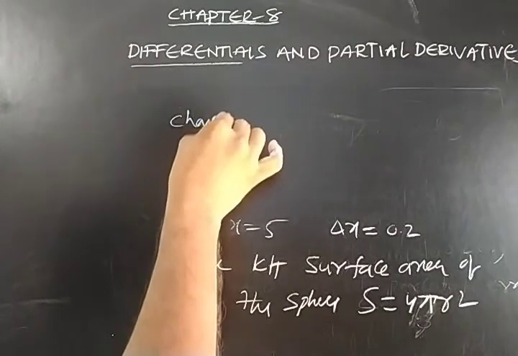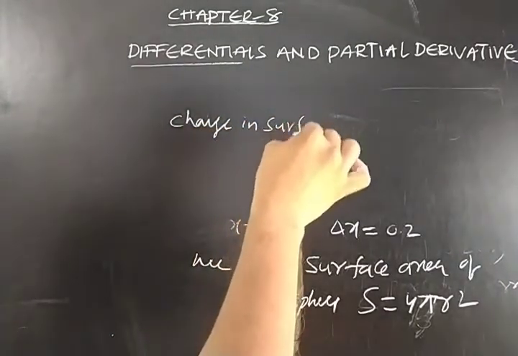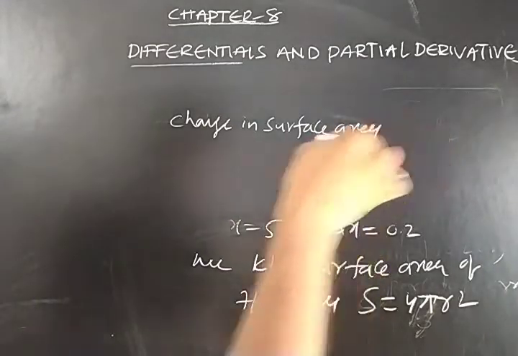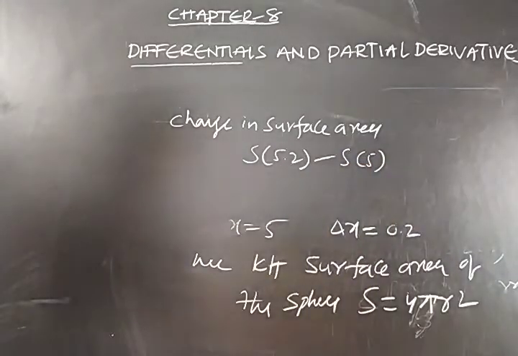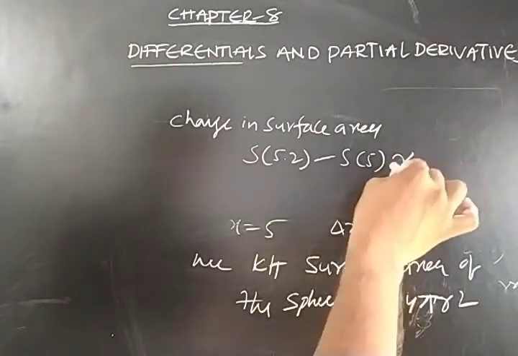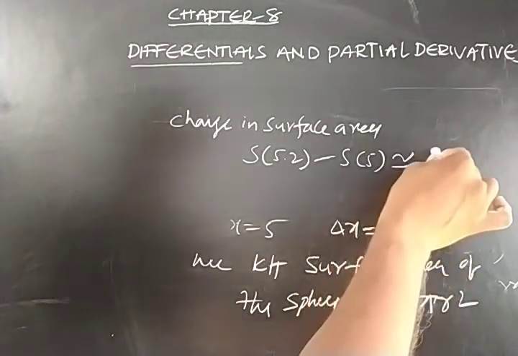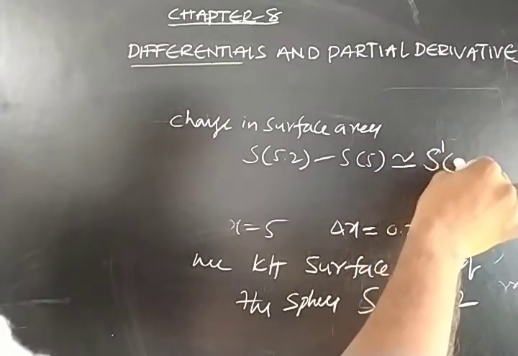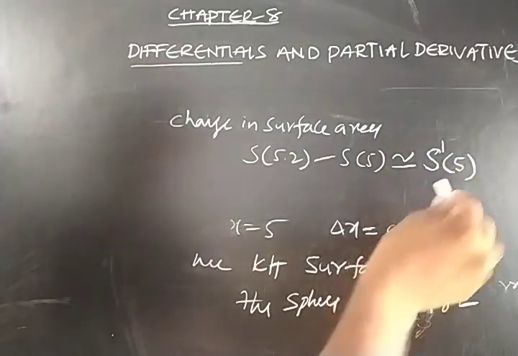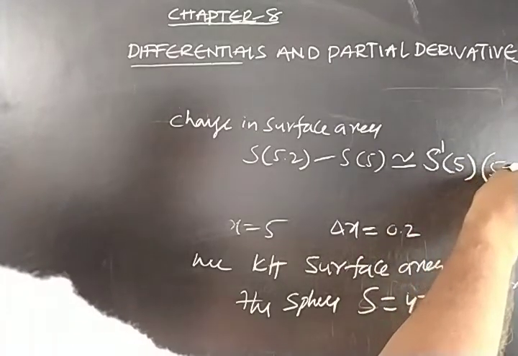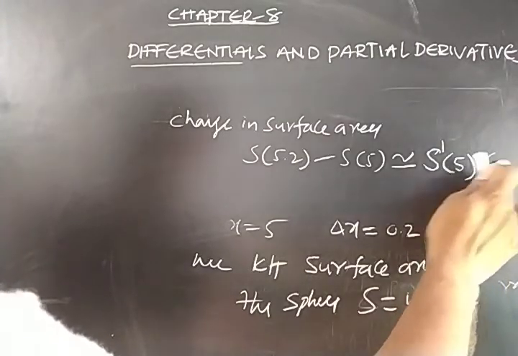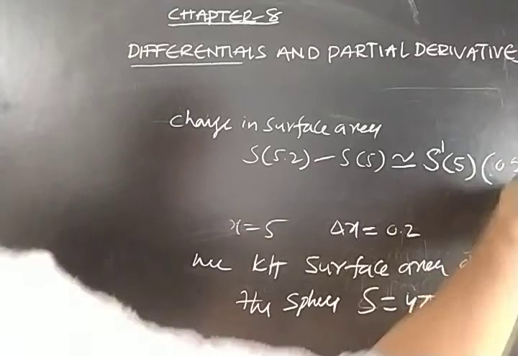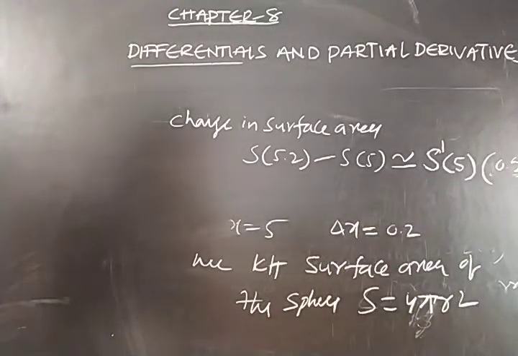The change in surface area is S of 5.2 minus S of 5, which is approximately equal to S dash of 5 times delta x, where delta x is 0.2.